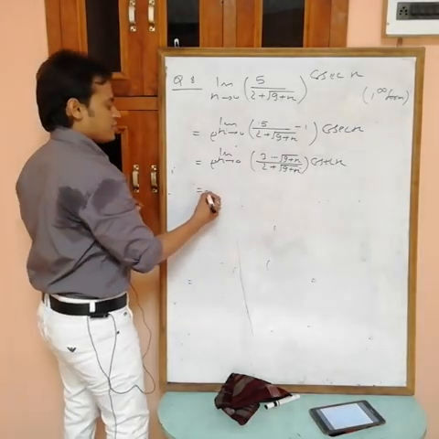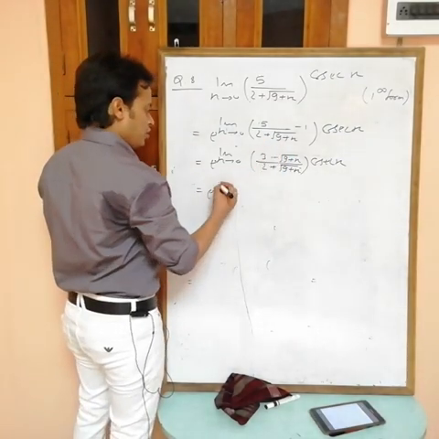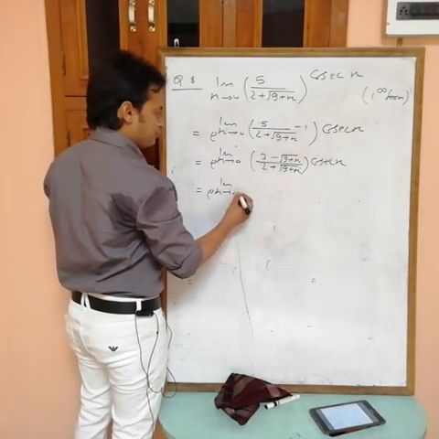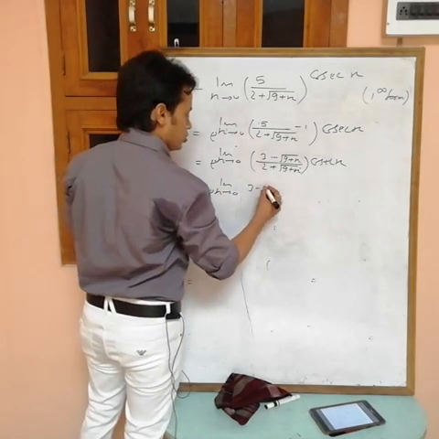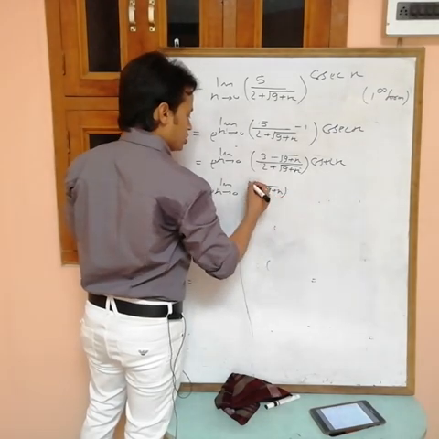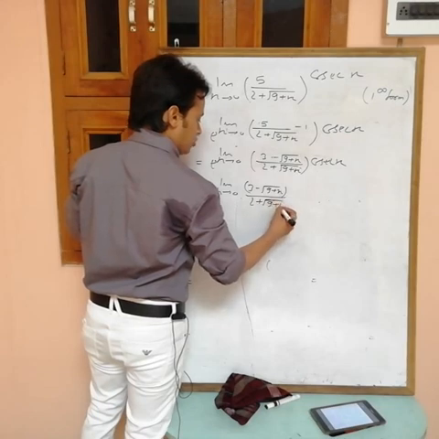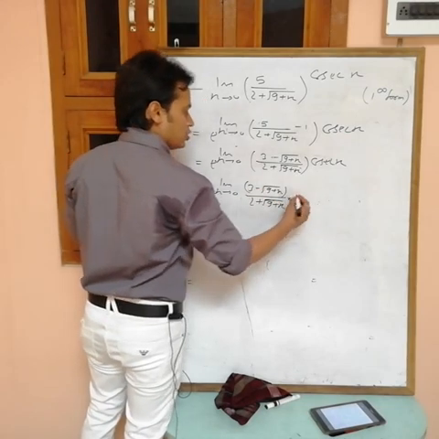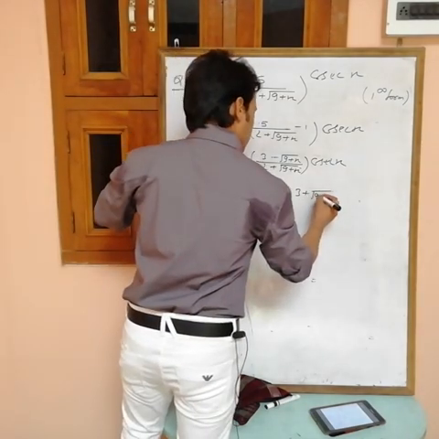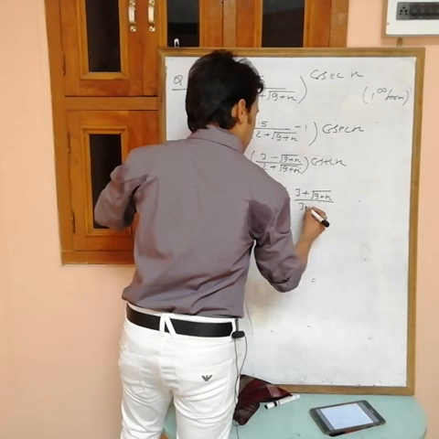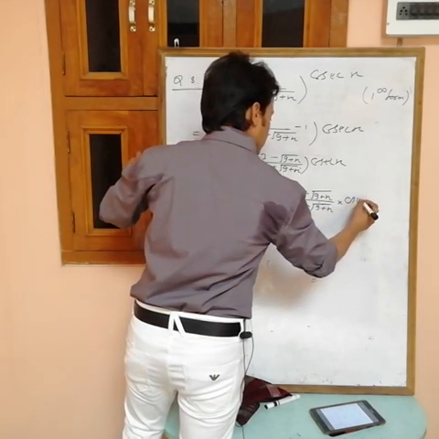See, rationalization. You are getting 0 now, so rationalize this one. Limit x tending to 0, 3 minus root 9 plus x by 2 plus root 9 plus x. I am rationalizing this one by multiplying with 3 plus root 9 plus x by 3 plus root 9 plus x, into cosec x.